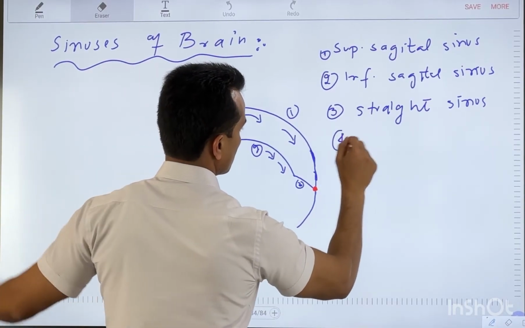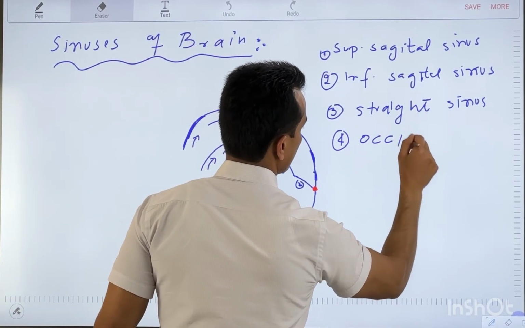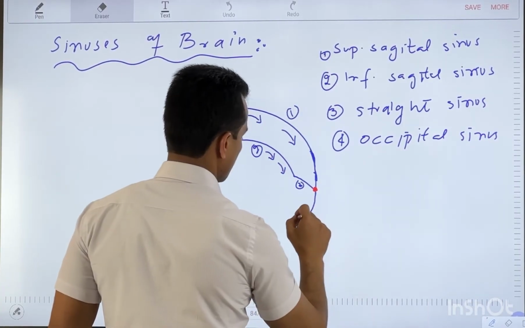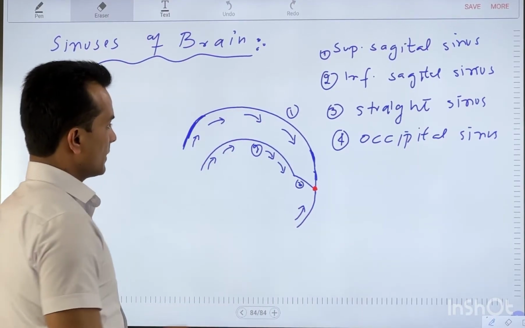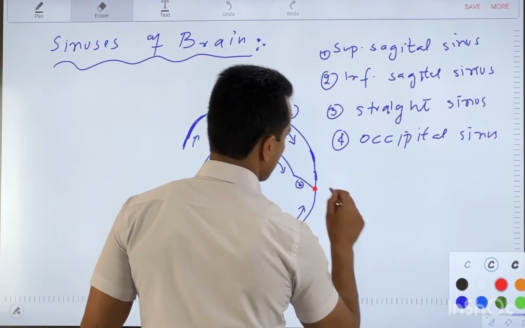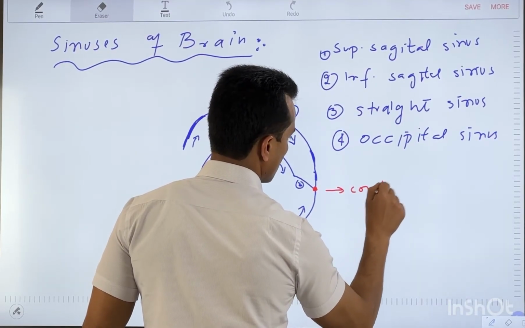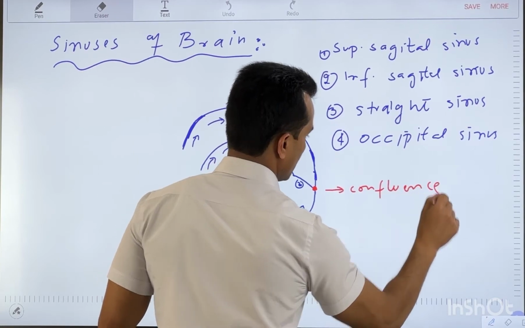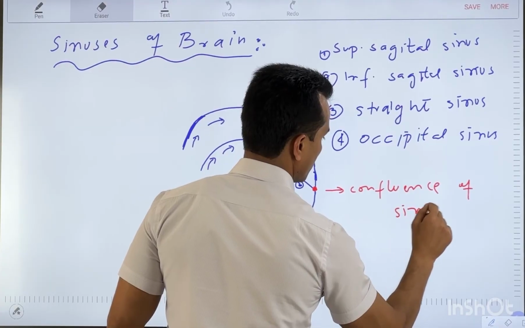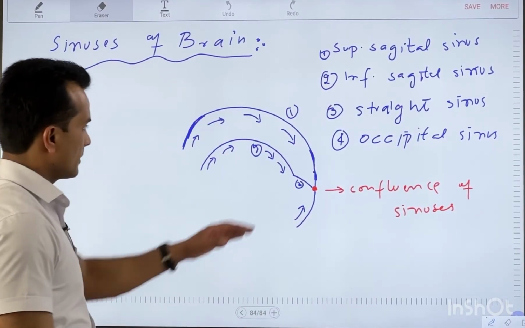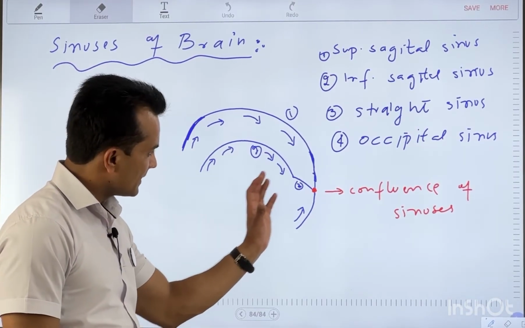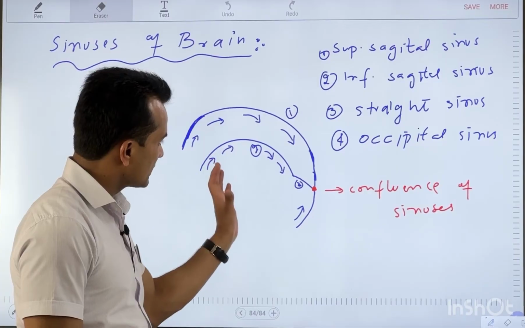The occipital sinus will carry deoxygenated blood upward and also meet here at the confluence of sinuses. So this point is the confluence, where all these sinuses are going to meet each other.